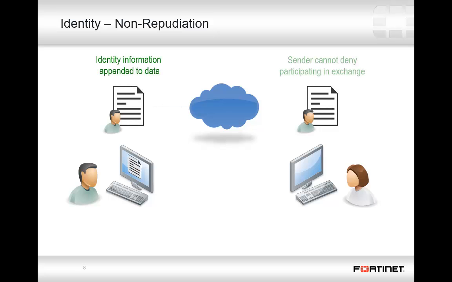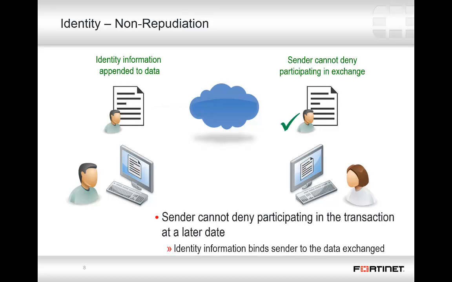Finally, and related to authentication, is non-repudiation. This means that the sender cannot claim later that she or he did not transmit that data. The sender's identity is somehow bound to the message. So, interrelatedly, data integrity is important. You want to ensure that the non-repudiation data hasn't been forged or that the non-repudiation would be very weak.